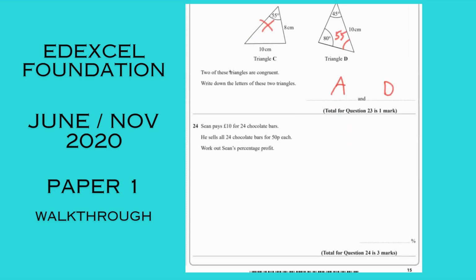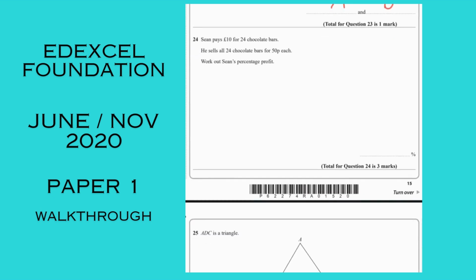Number 24. Percentage profit without a calculator. So 24 chocolate bars, 50p each, so 2 for £1. Sean's took £12, bought for 10, so his actual profit is 2.